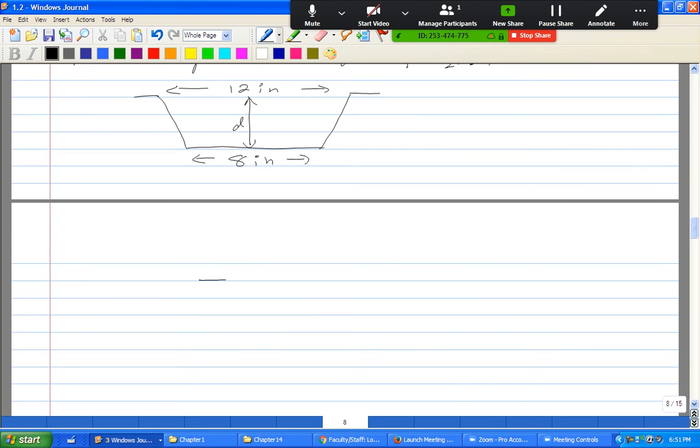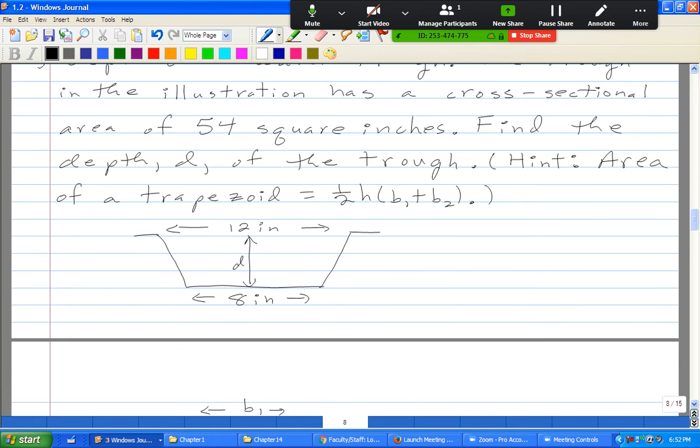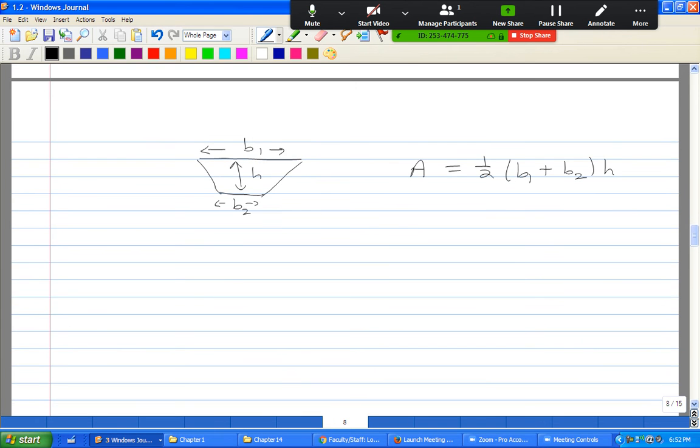The area of a trapezoid is, say this is B1 and B2, and this is H. The area is 1/2 times (B1 plus B2) times H. And so I want that this has an area of 54.